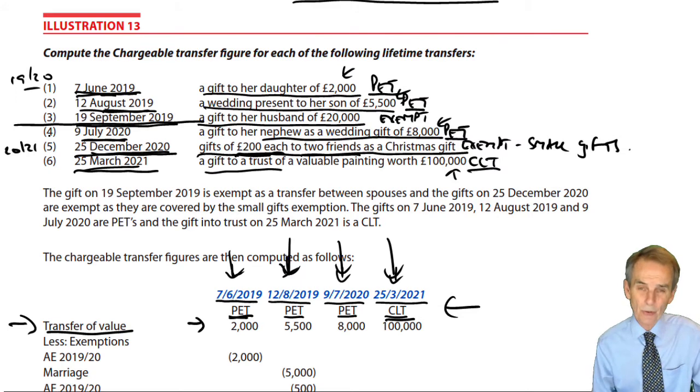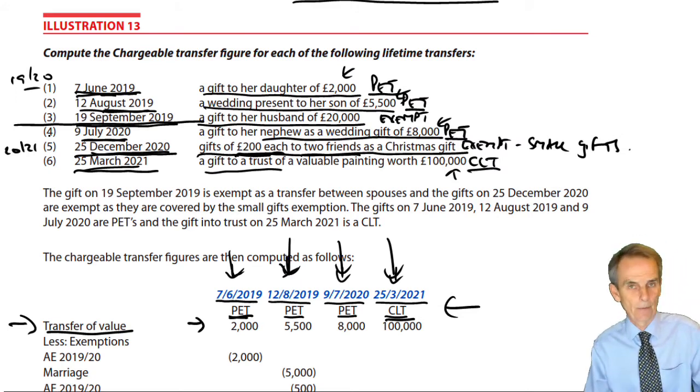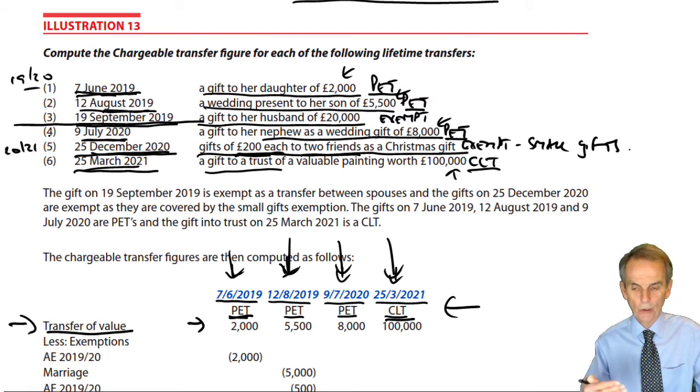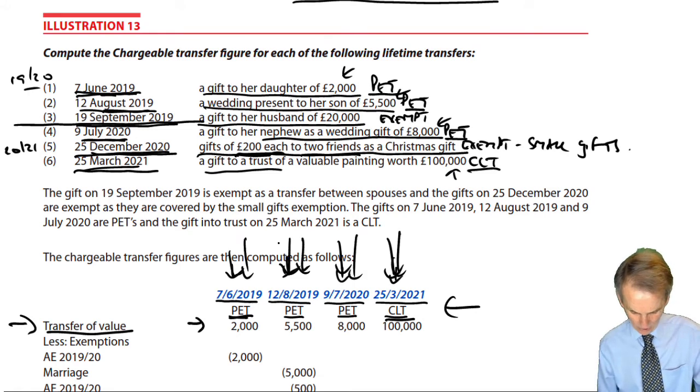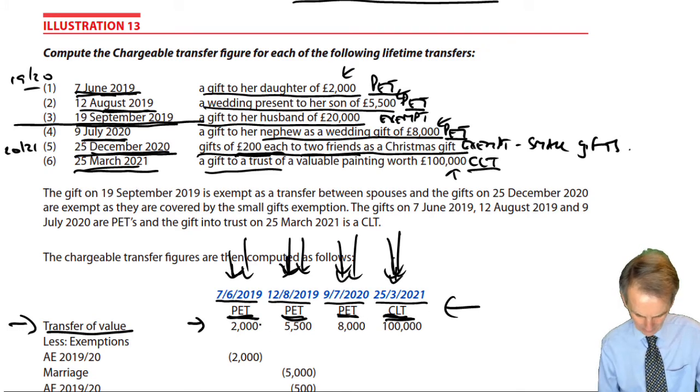Now I know the answer is written underneath, but if you can avert your eyes from that for one moment, what you should have done by now, having read through the information of the question, is identify these 4 columns here as we keep pointing to. We know the dates of the transfer, we know the type of transfer that they represent, and we also know the transfer of value.